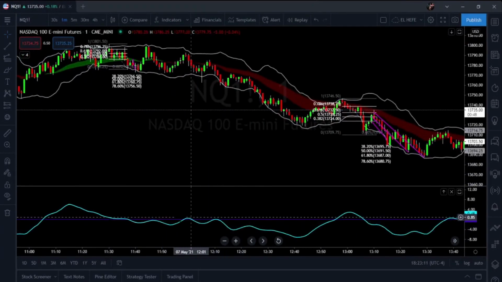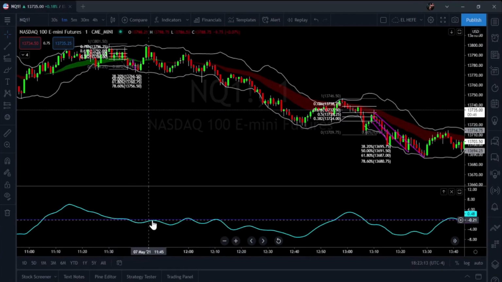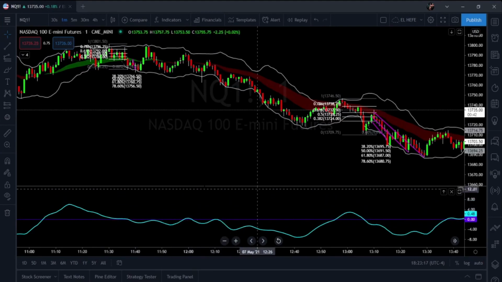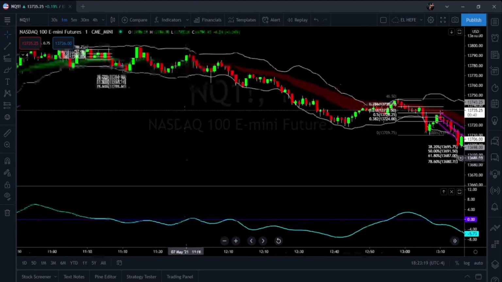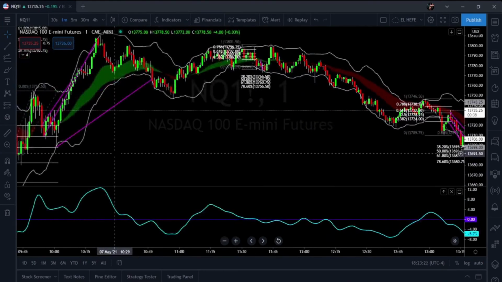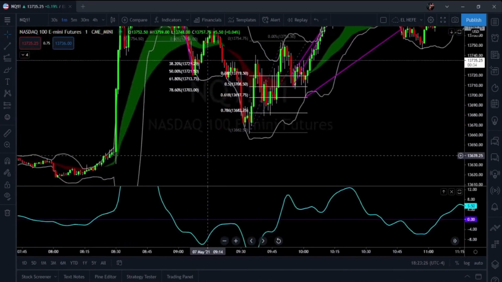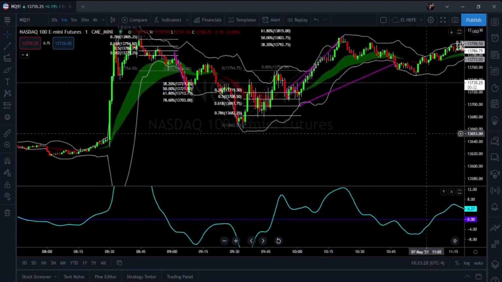If I had my levels up, I would have known this was a chop zone well ahead of time. So it probably would have saved me. The way I use my levels, it keeps me out of trouble.